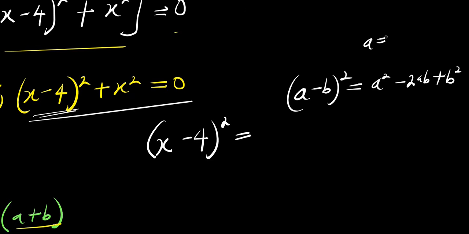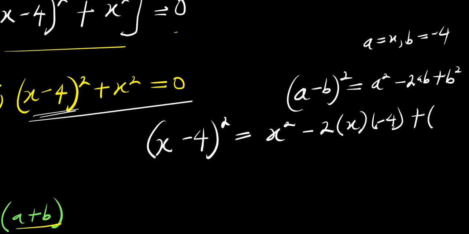Now our a is x, b is negative 4. We are going to have x^2 minus 2 times x times negative 4 plus (negative 4)^2.